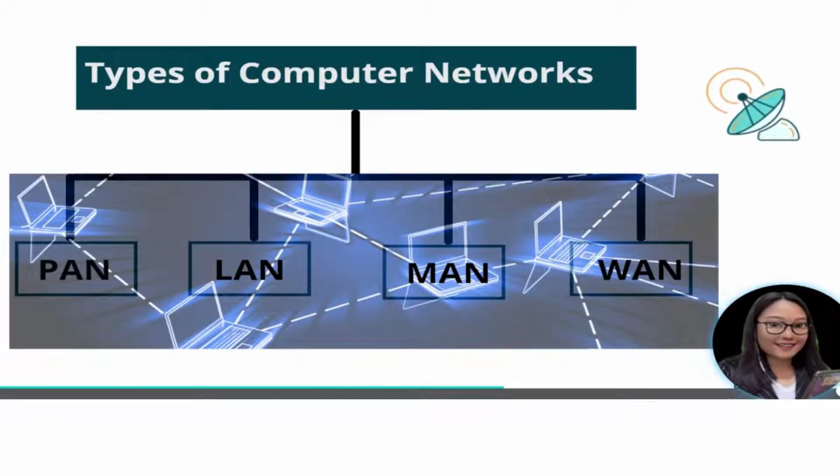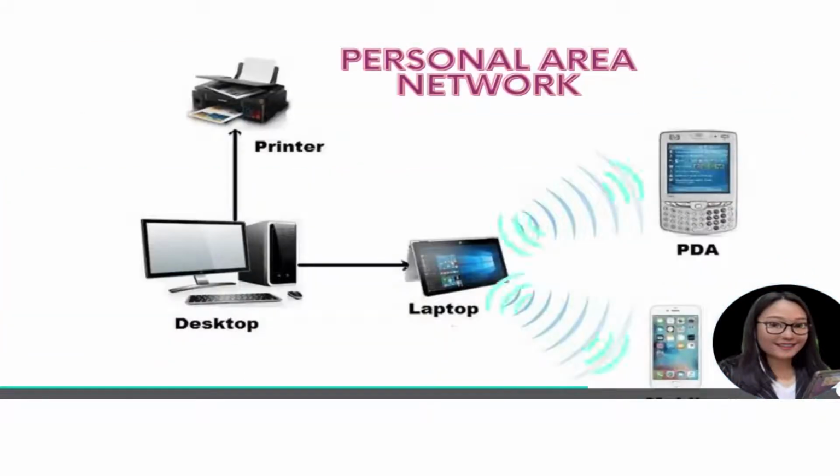There are four types of computer networks based on our module, and these are identified according to their geography or structure. First, we have the PAN, and then the LAN, the MAN, and the WAN. So let's identify each of the computer networks and what their functions are.